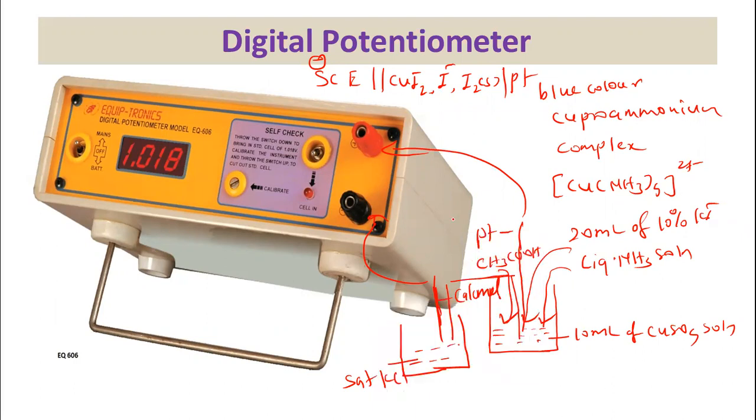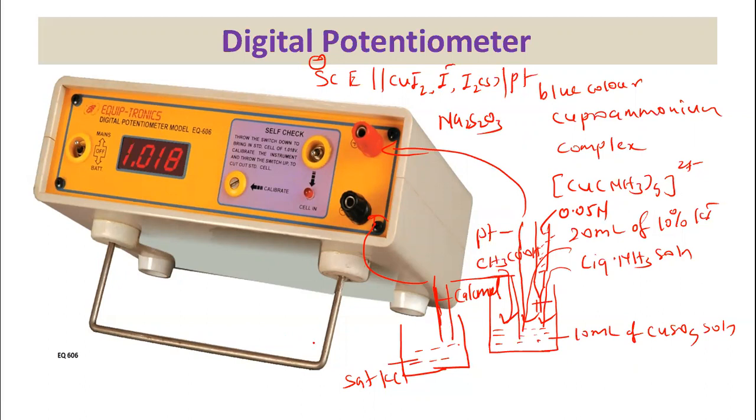So with the help of the burette, we are going to add the sodium thiosulfate solution here. What is the concentration of the sodium thiosulfate? It is 0.05 normal sodium thiosulfate solution, that is Na2S2O3.